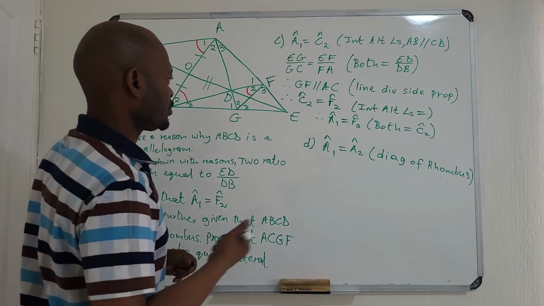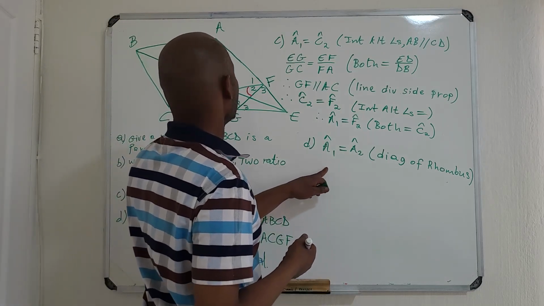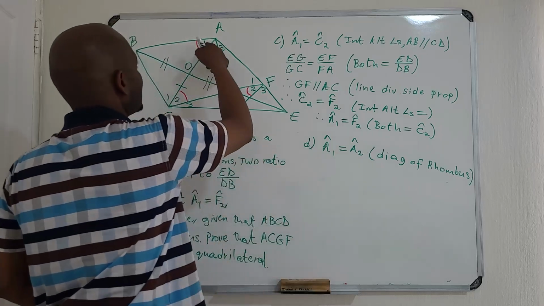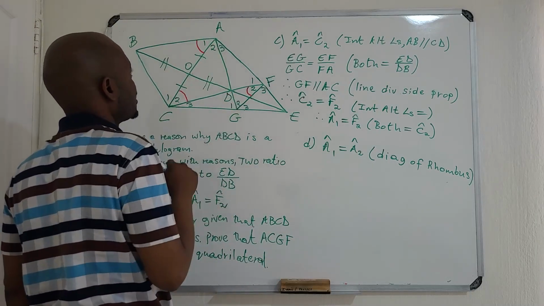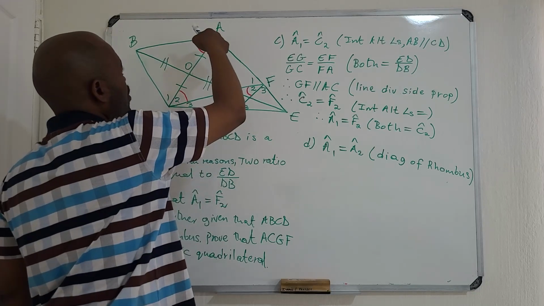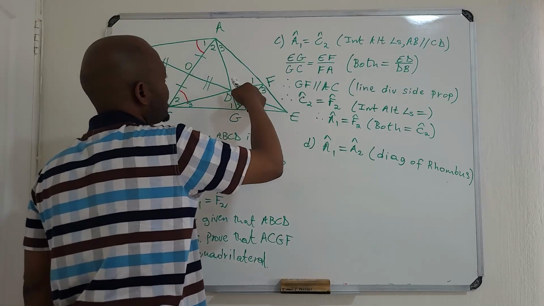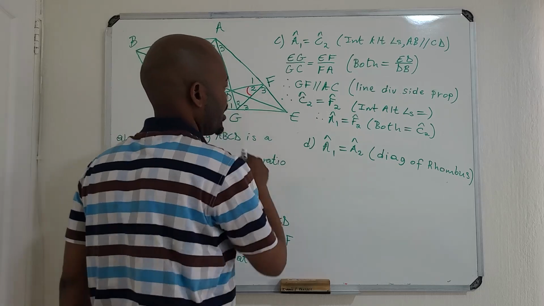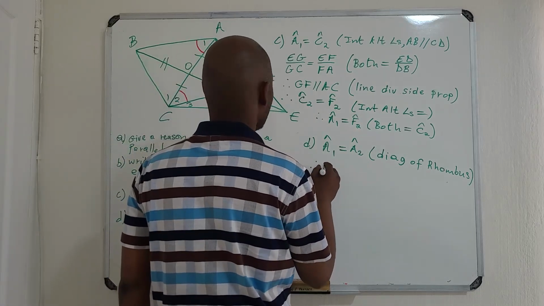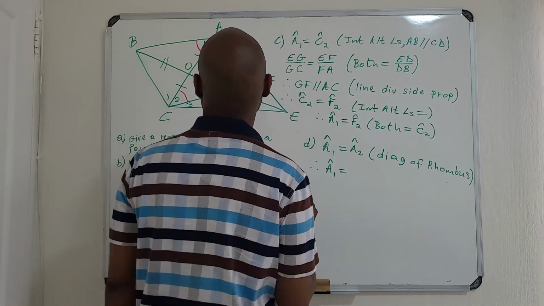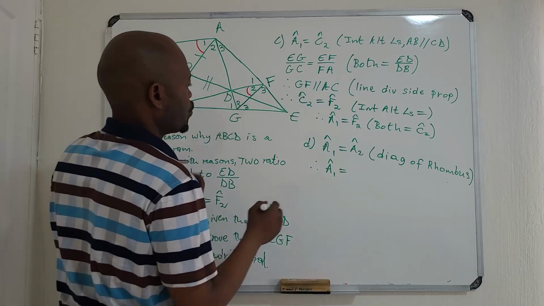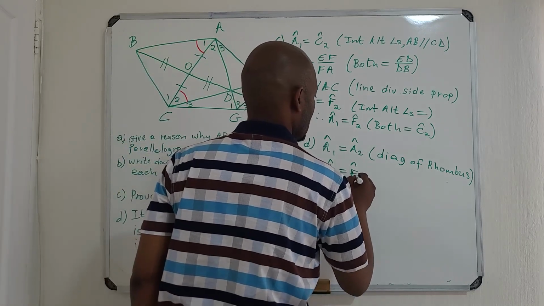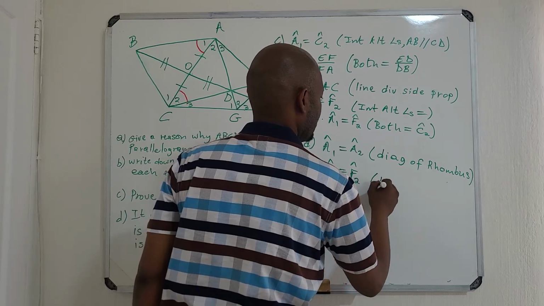Now, we have seen that this angle is equal to that angle just now, but we know that this angle is equal to that angle there. Therefore, we know that A1 is equal to angle F2. Proved.